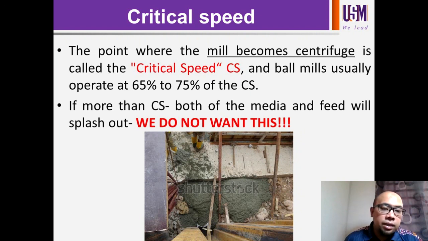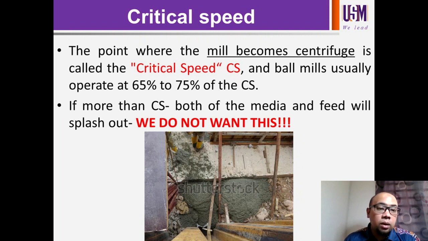I will give you a simple analogy. Let's say when you calculate using this equation, you find that the maximum speed, the critical speed, of the milling machine that you use is about 100 RPM. You calculate using the diameter, the size of the ball milling media, and others, and you find that the maximum speed for that particular milling machine is about 100 RPM.